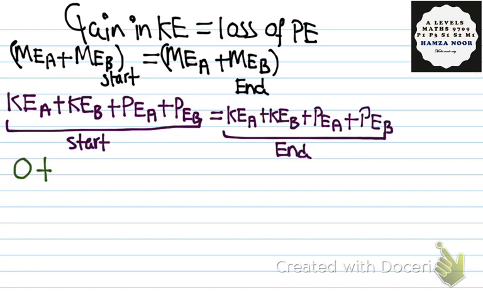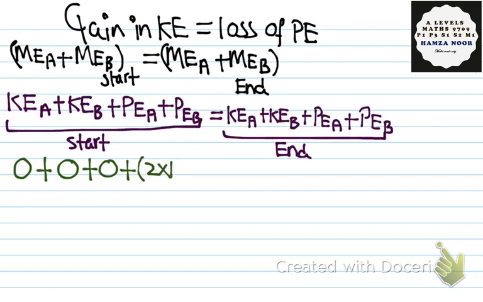Alright, since particle A is at rest, the initial speed will be 0, so the kinetic energy will also be equal to 0. The kinetic energy of B is also equal to 0. The potential energy of A is also equal to 0 because the particle is on the ground. But the potential energy of B will be something, since particle B hangs vertically above the ground.